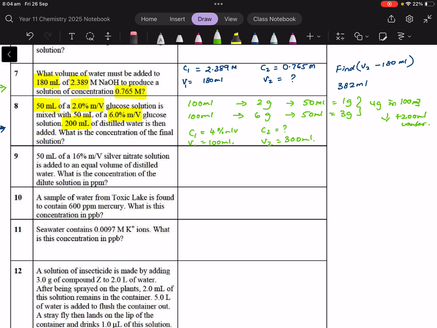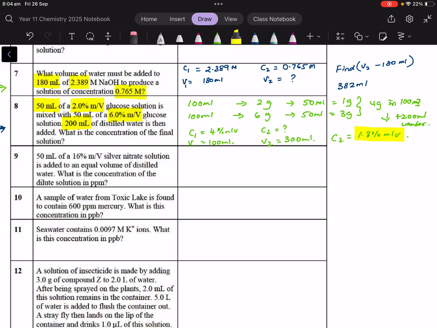So you will work out your C2 based on this, which should be equal to 4 in 300, which would be 1.3% mass over volume. That should be our final answer. That's what we should get. So work your calculations out and see that you get the same answer as I am.